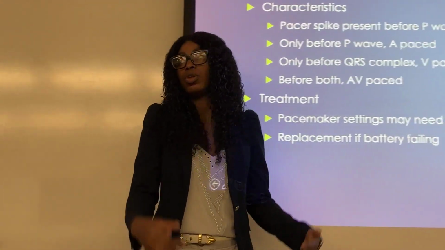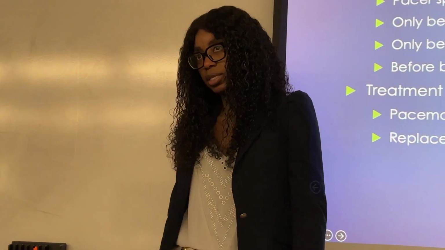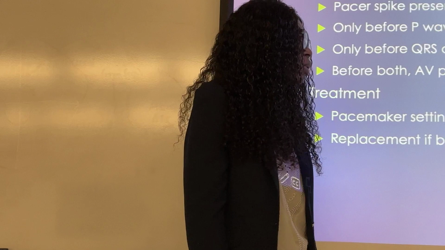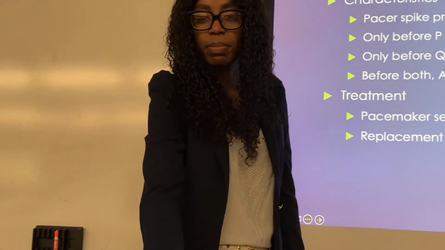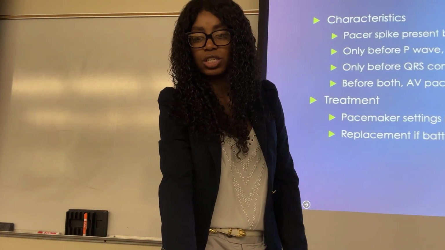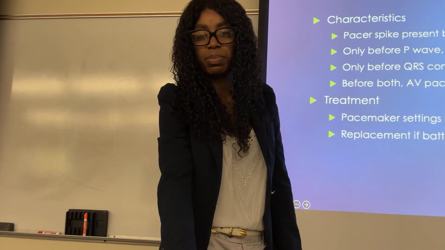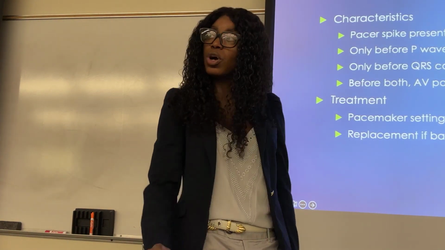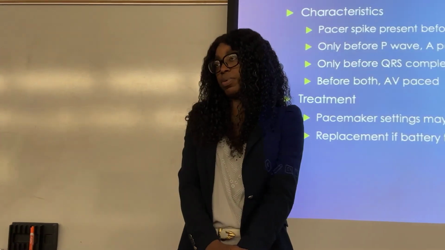We also tell them not to lift heavy objects, and how much to lift when they start feeling better, right? What else? So we monitor, reposition as needed with an external temporary pacemaker, check vital signs, assess for decreased cardiac output. How would we know we have decreased cardiac output?